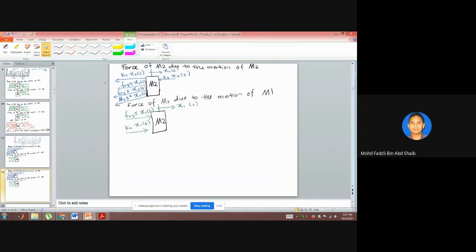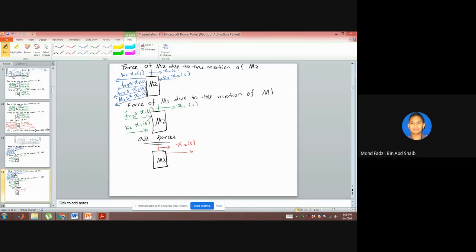Okay, how to combine it? So these are forces. We have M2, okay. This is the direction X2 s, okay. Here we have what?